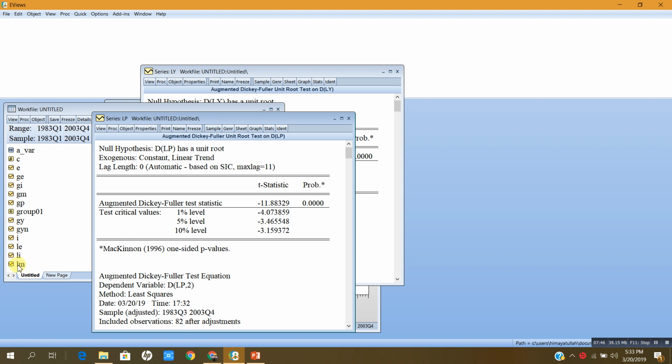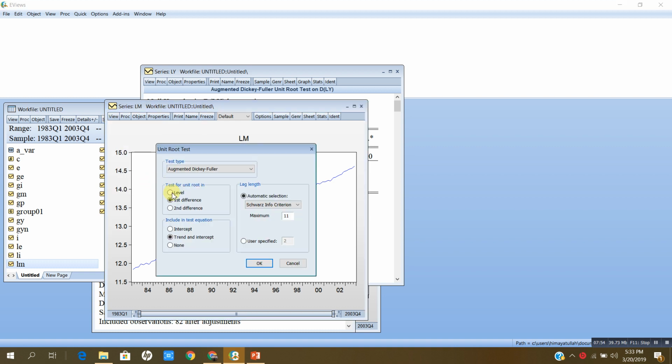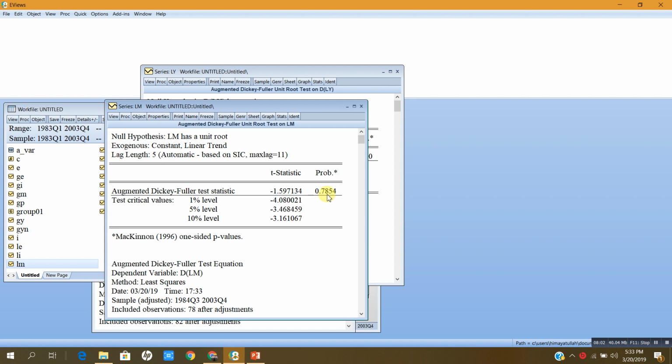Now let me check the unit root of money supply. First I will check the money supply in the level, and yes, this series, that is log of money supply, has a unit root at level.